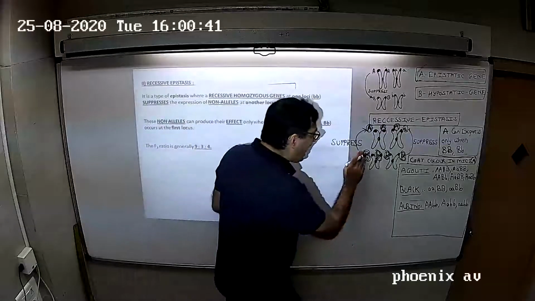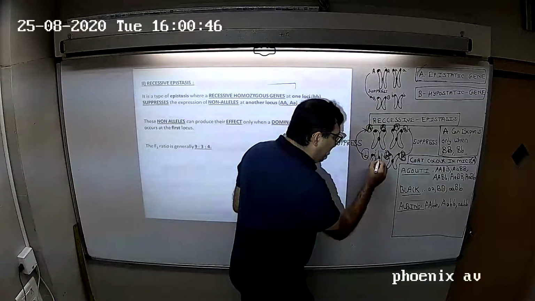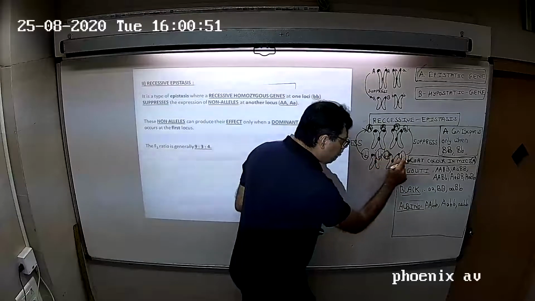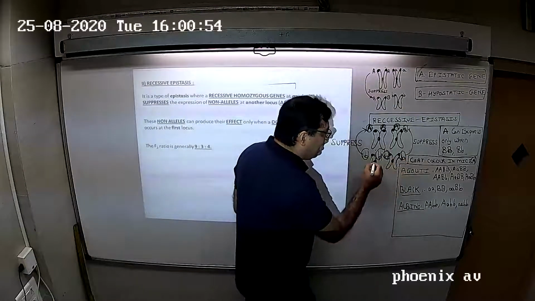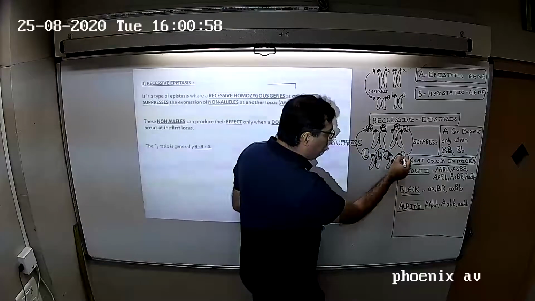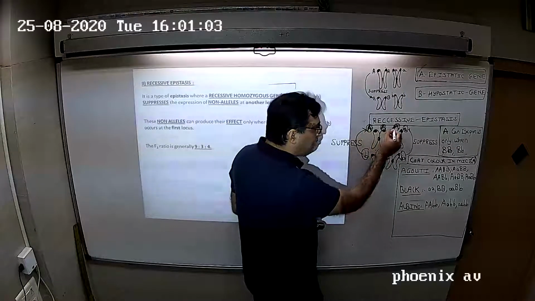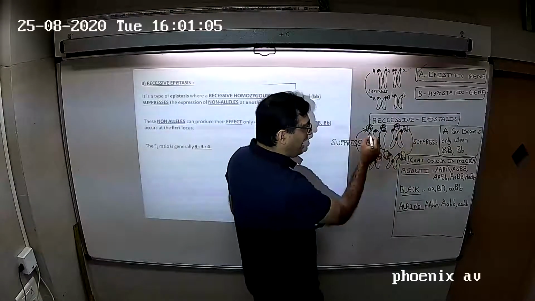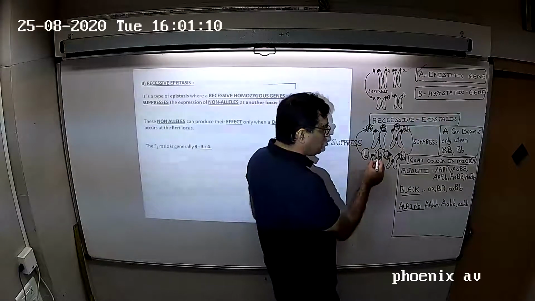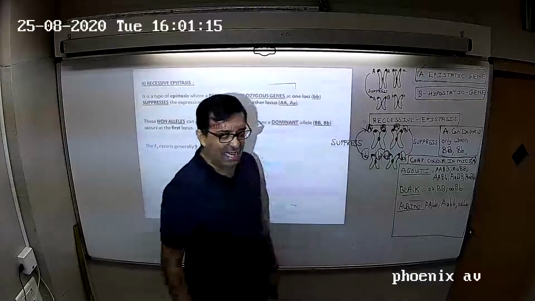So we have understood that, but समझो it is small b and it is capital A, small b will become epistatic over capital A, small a, and that means the capital is becoming hypostatic and small b recessive genes are becoming epistatic.